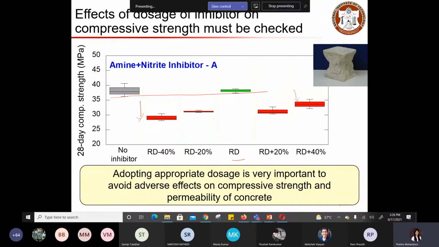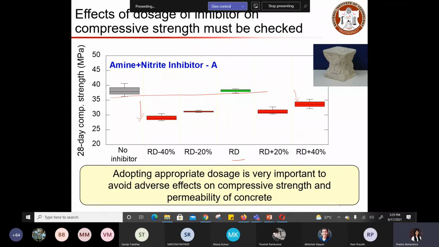So here is one example which shows the use of amine plus nitrate based inhibitors, and when you use such type of inhibitors, how the compressive strength at 28 days is affected. Here the first one basically indicates that you have your concrete without any corrosion inhibitors. In such cases you have the strength close to 40 MPa.